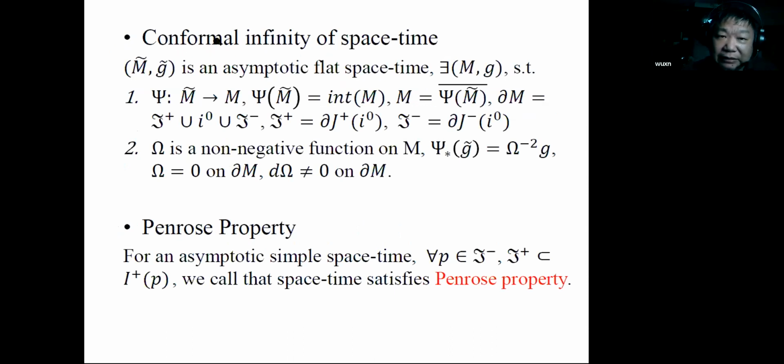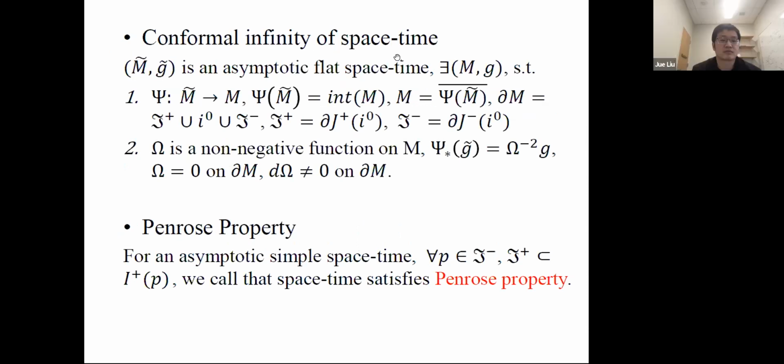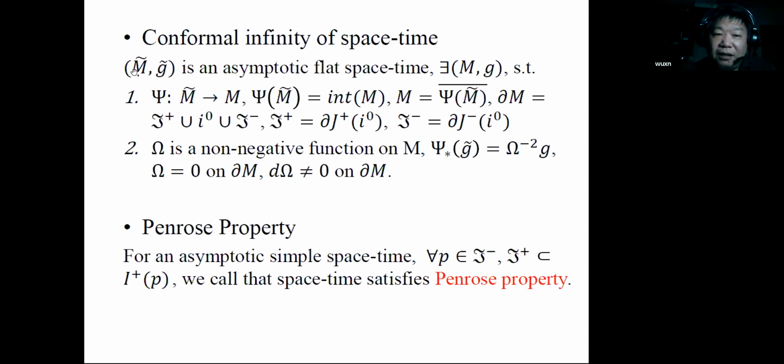Another thing is that we want to consider the conformal infinity of the spacetime, which was first introduced by Penrose. If M tilde and g tilde form a Lorentz manifold that satisfies the Einstein equations, and we call the spacetime asymptotically flat, then we can find another manifold, which we call the unphysical spacetime, M and g, such that the two manifolds are related by some mapping.